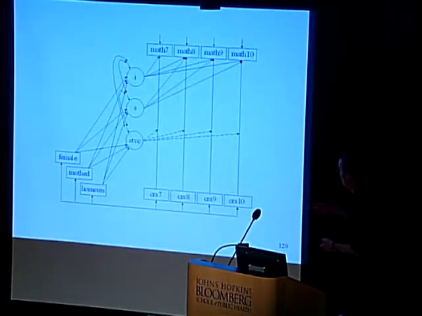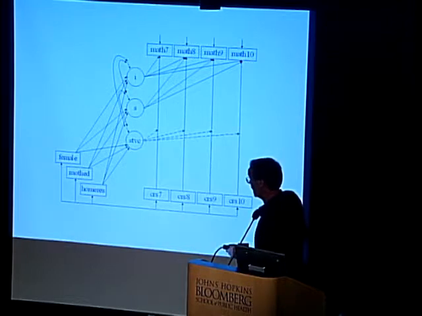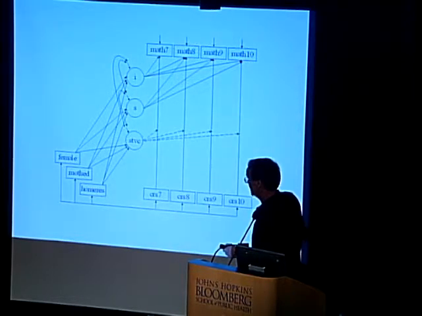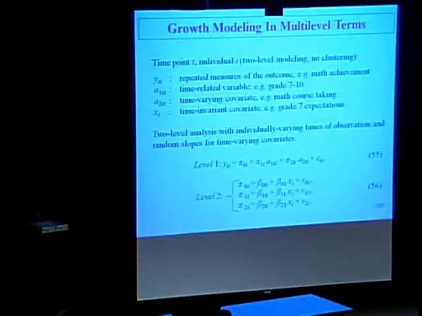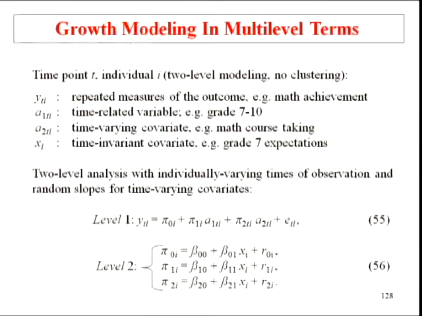But it has to do with how advanced the math course is, if it has to do with algebra, geometry, or whatever. And the influence of the time-varying covariates onto the outcomes now has a random slope sitting here. And that is the pi 2 sub I, which we have renamed. We don't like the pi 2, so we call it STVC, slope for a time-varying covariate, to make it a little bit more humanized.